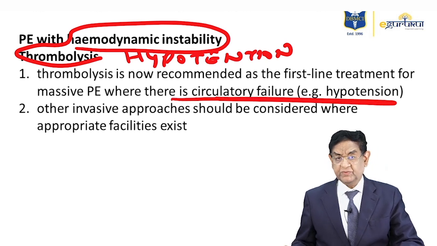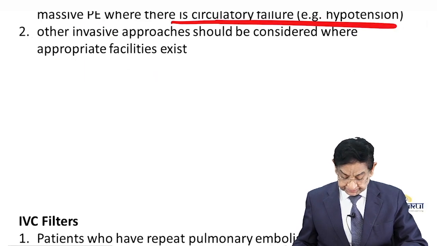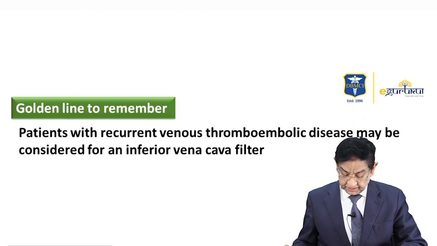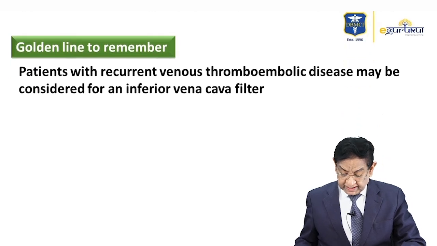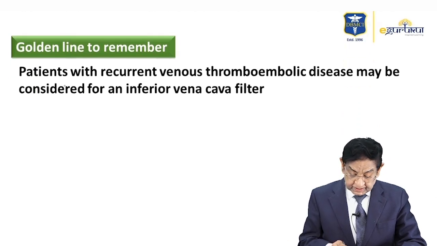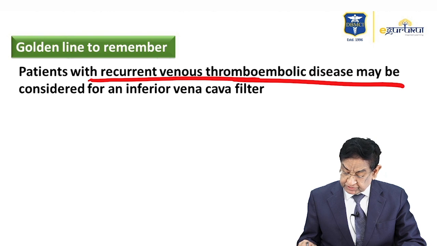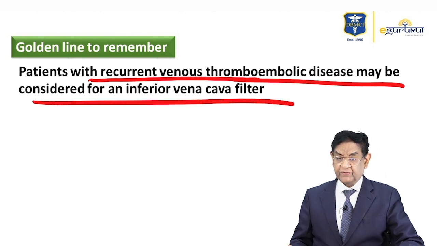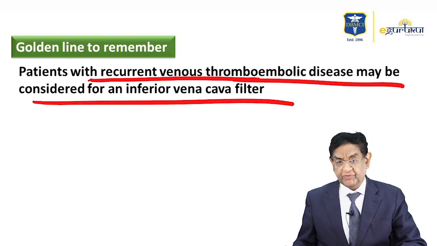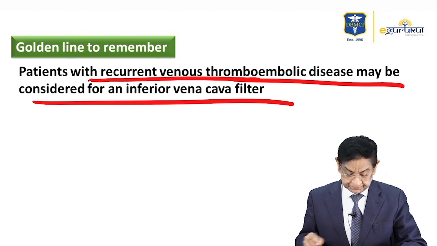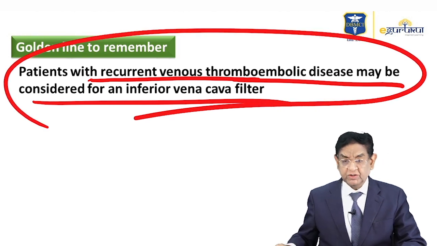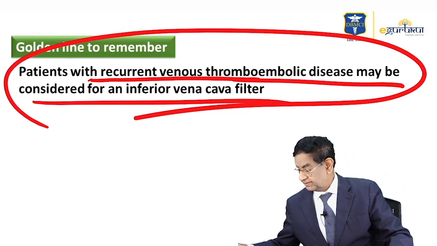Otherwise it is usually not done. So friends, golden line to remember: a patient with recurrent venous thrombosis, you should consider an inferior vena cava filter. Golden line to remember.